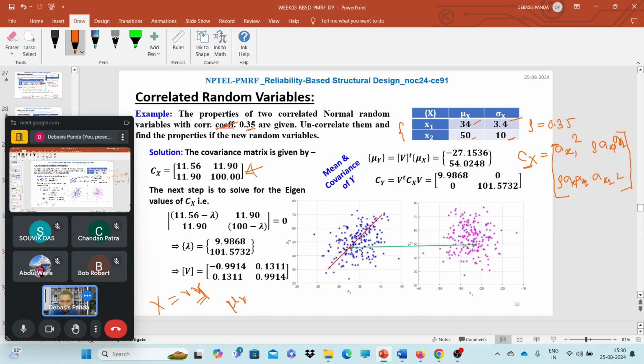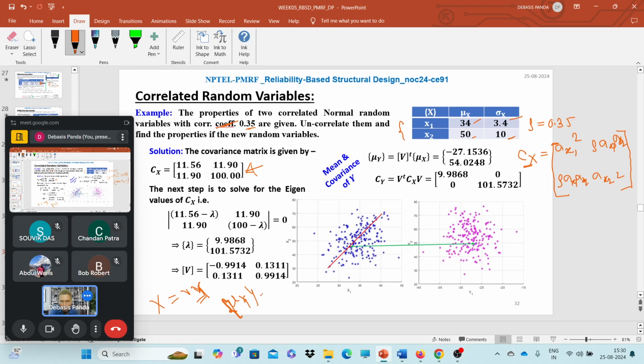So mean mu of y will be nothing but V transpose into mean of X. So mean of X, here we know 34 and 50. V, what is V? The eigenvectors. We can easily calculate the eigenvalues and eigenvectors from the characteristic equation, or using the MATLAB eig command. Easily you can find the eigenvalues and eigenvectors.